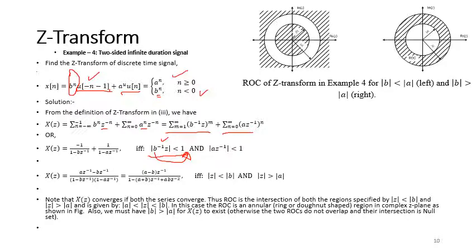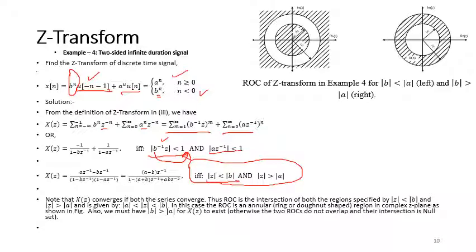So absolute of z should be less than absolute of b, as indicated here. For the second part, we can say a z inverse absolute is less than 1, so if I bring it here, then absolute of a is less than absolute of z, or we can say the absolute of z should always be greater than this. So the overall region of convergence for this one will be the intersection of the two regions of convergence, right?